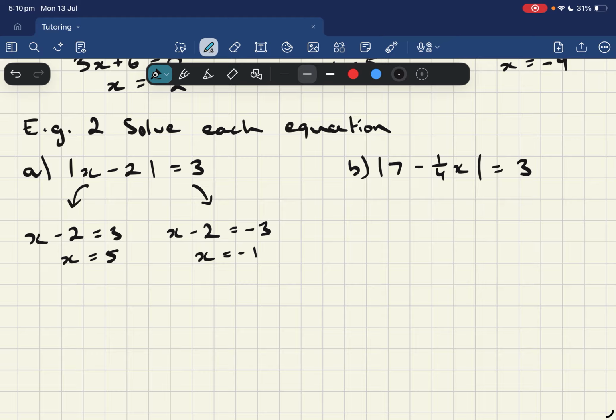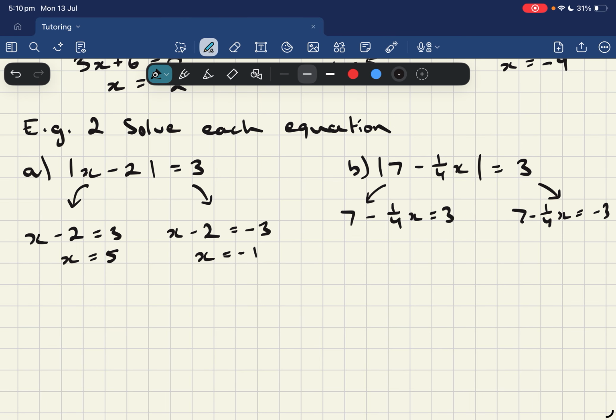the original equation. Now, last one, we have the absolute value of 7 minus a quarter x equals 3. We're going to set up our two equations. So one is that 7 minus a quarter x equals positive 3, or 7 minus a quarter x equals negative 3.